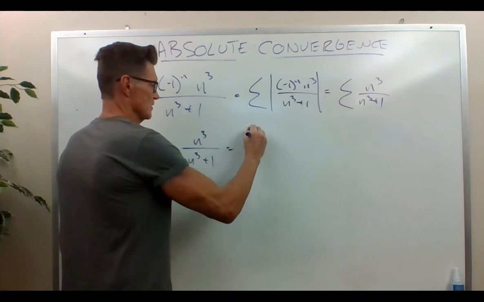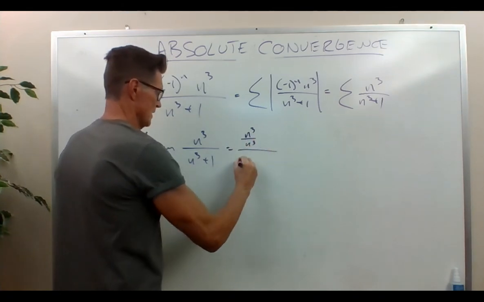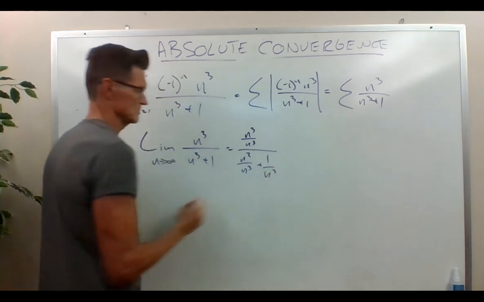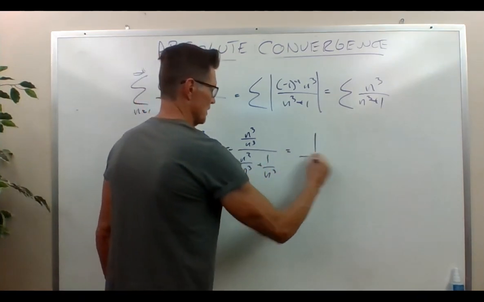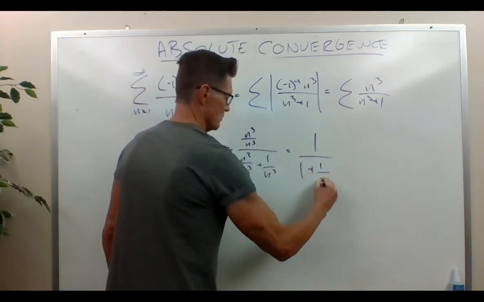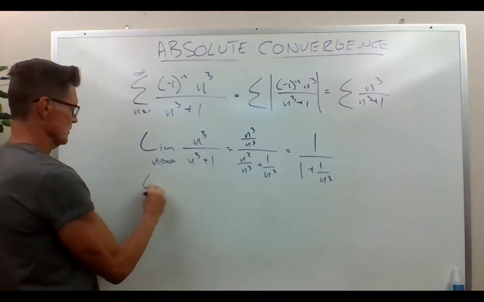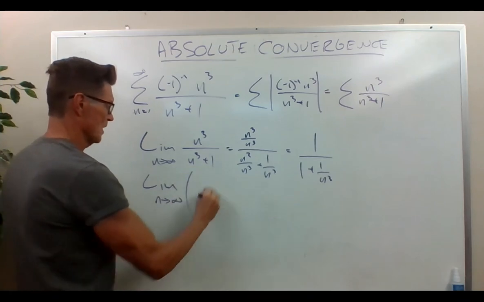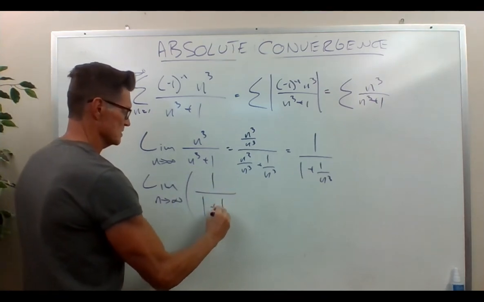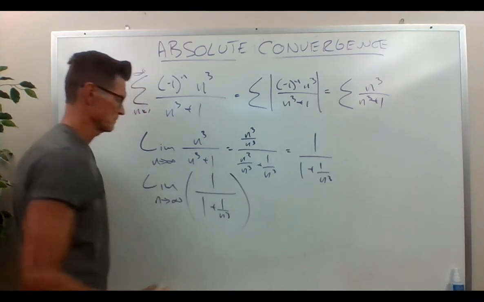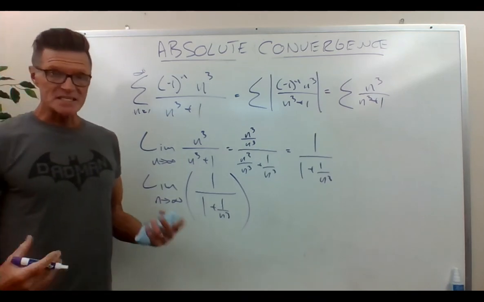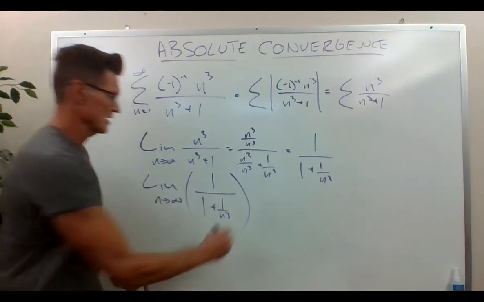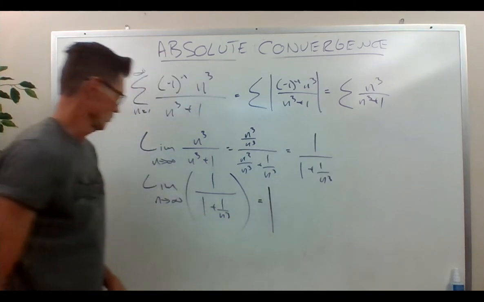So we're going to have n cubed over n cubed over n cubed plus 1 over n cubed, which becomes 1 over 1 plus 1 over n cubed. So we have the limit as n approaches infinity of 1 over 1 plus 1 over n cubed. And so as n gets infinitely large, this becomes 0, so we end up with a limit of 1.